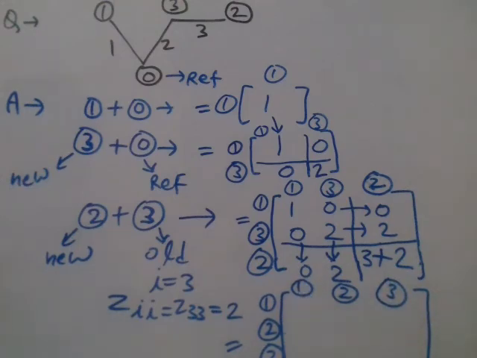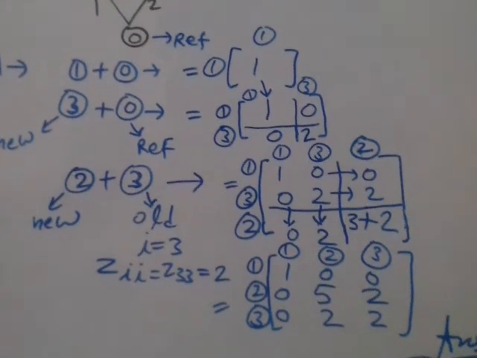Rearrange the terms like this: node 1 2 3, 1 2 3. So it will be 1 0 0, 0 0. This is 3 plus 2, 5, that is basically Z22. So 5, Z22, it is 2 and 2. So that is my answer, right? So that is the answer.